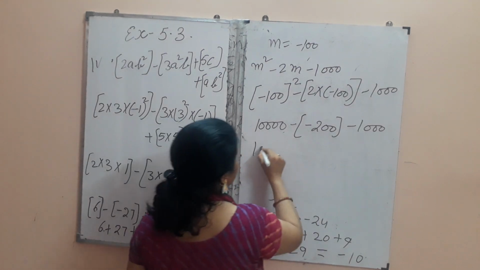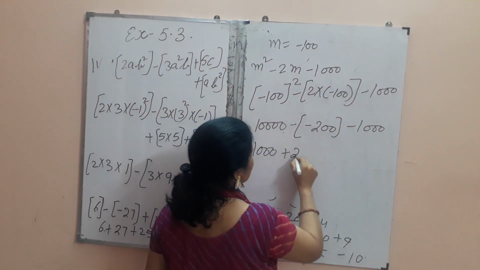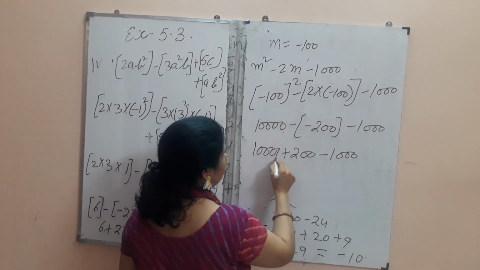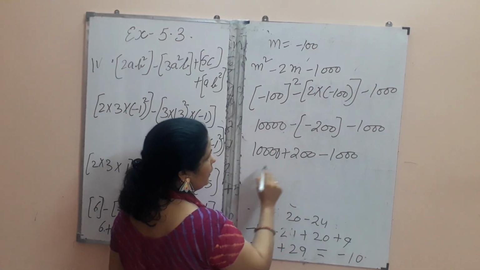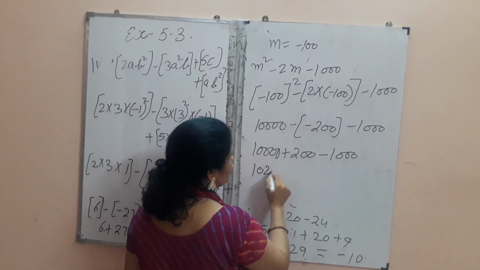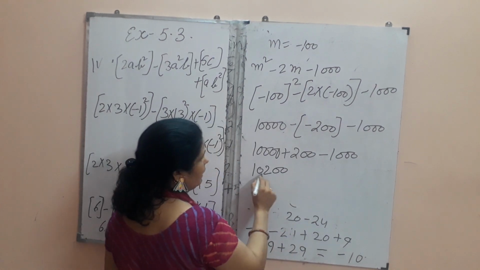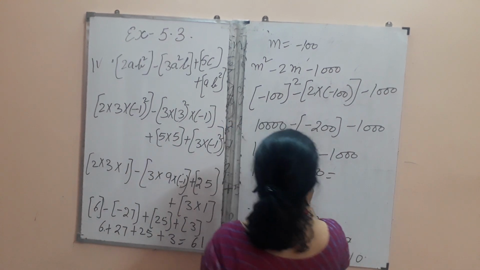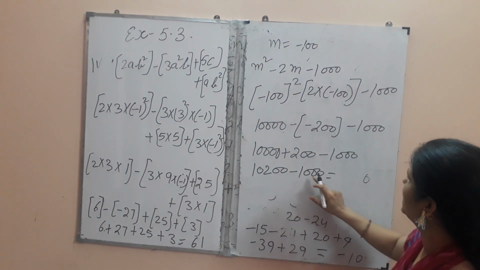Now 10,000 plus 200 minus 1000. So it will be 10,000 plus 200, 10,200. 10,200 minus 1000. 0 minus 0 is 0.